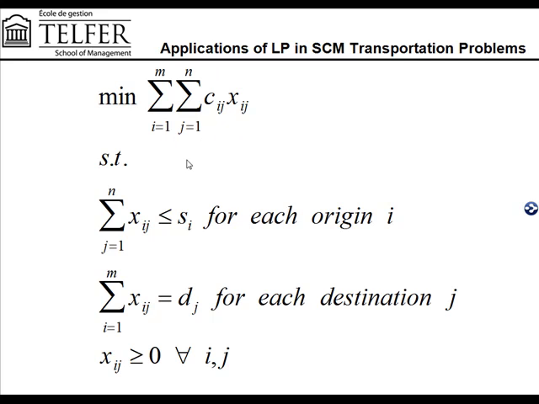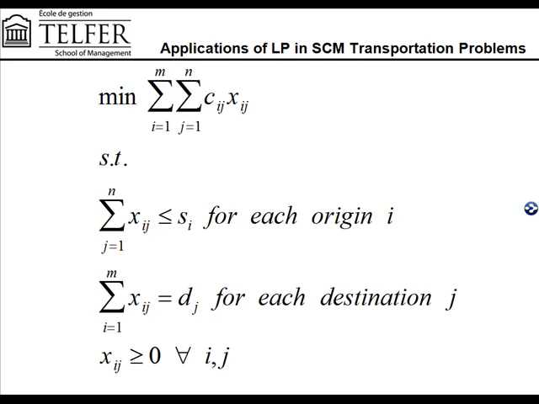That's what you're trying to minimize. Again, it might look more complicated than it really is, but if you've understood what we were doing in our heuristic examples, this is exactly how we calculated our total cost of transportation.